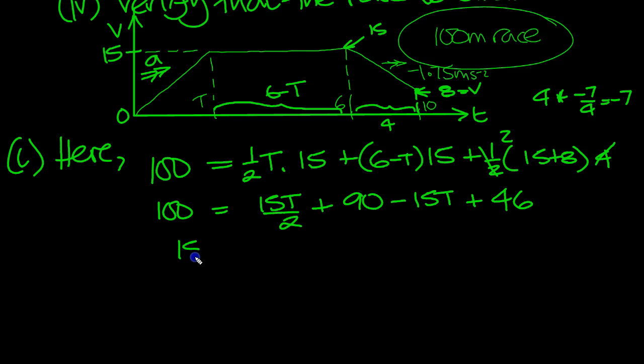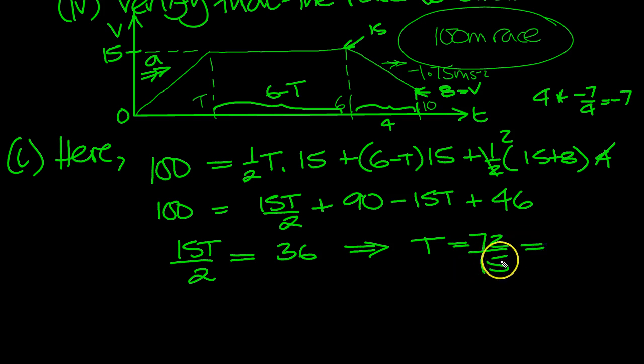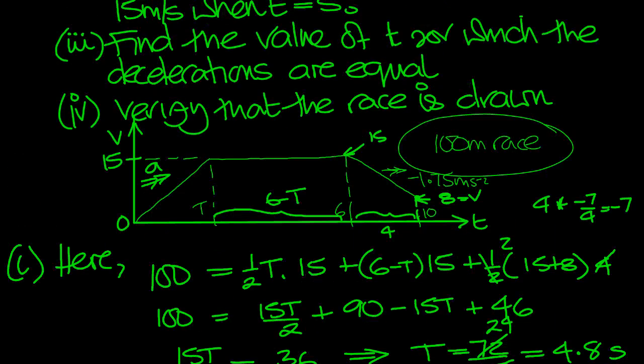Take it over there: 15t over 2 is equal to 136 take away 100, which is 36. So t is equal to 2 times 36, which is 72 over 15, which is 24 over 5. 24 over 5 is 4 and 4/5, which is 4.8. Type it in the calculator if you need to. 4.8 seconds is the value of capital T.